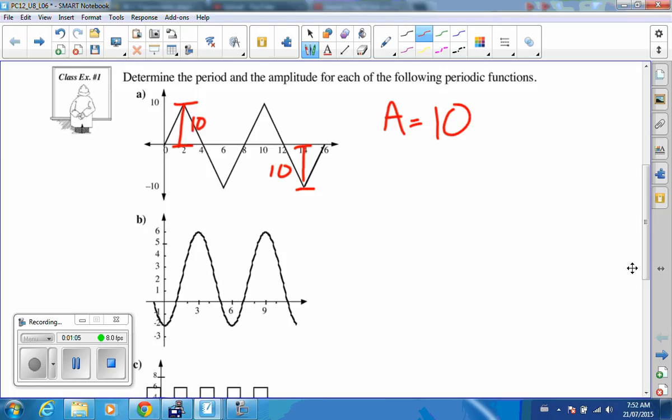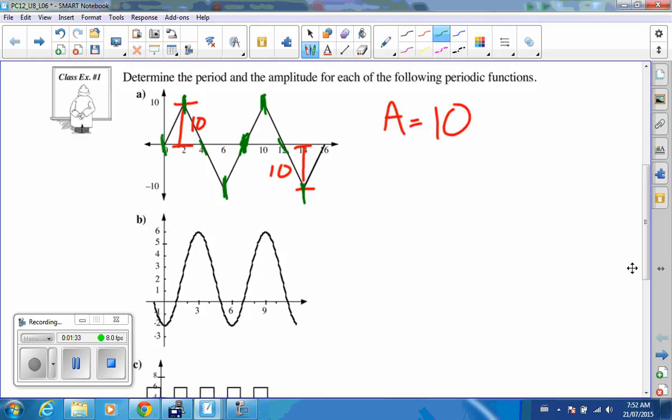The period is the length of time, or whatever your x or inputs axis is, that it takes for the graph to repeat itself. So that is to go from midline going up to the next time we hit the midline going up, from peak to peak, from trough to trough, midline going down to midline going down.